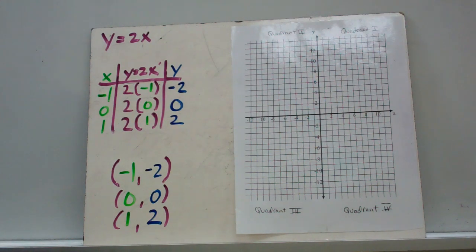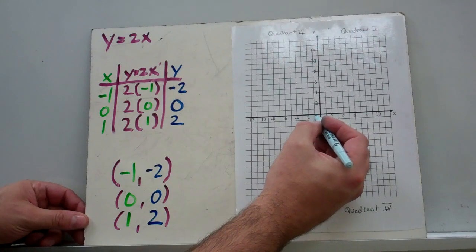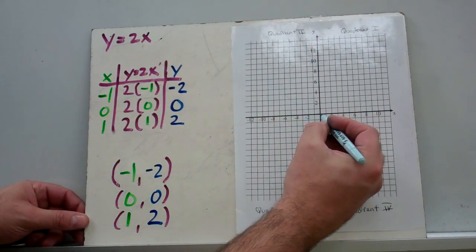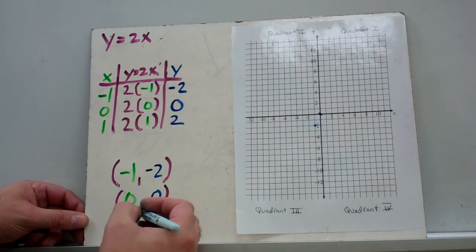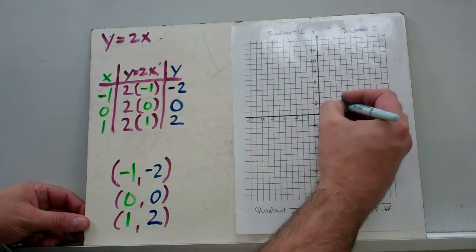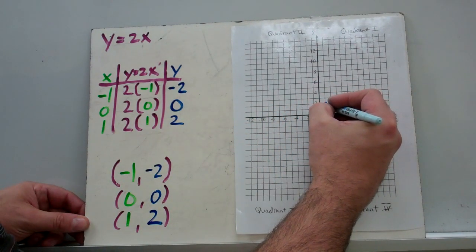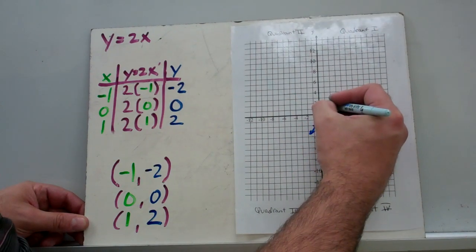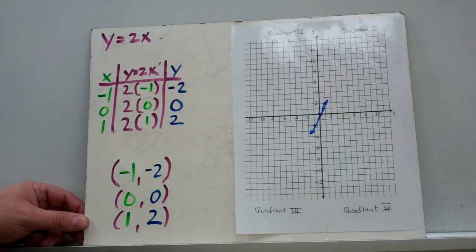So we can come over here and graph that. We have (-1, -2), and then (0, 0), and then (1, 2). And we have a straight line, and there's our line. That is graphing y equals 2x.